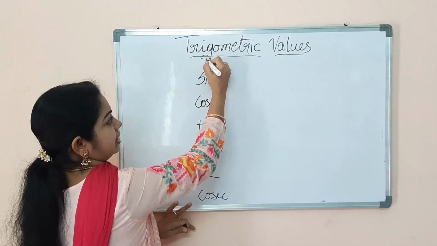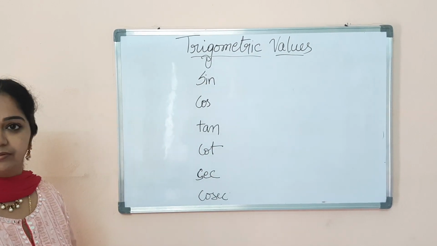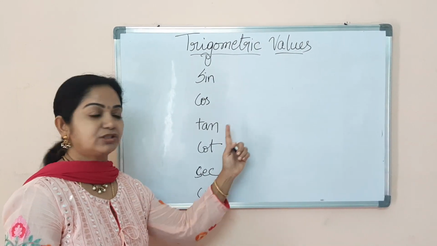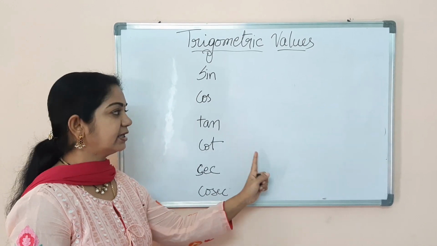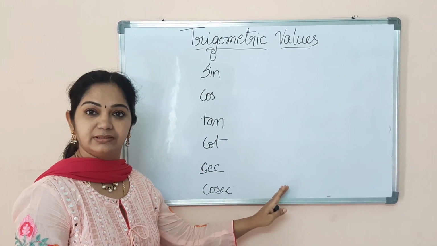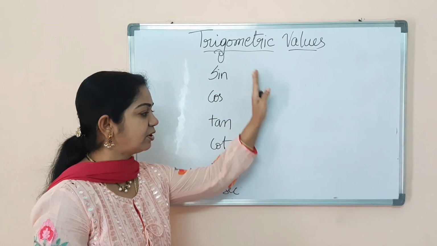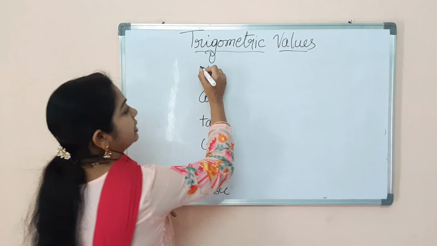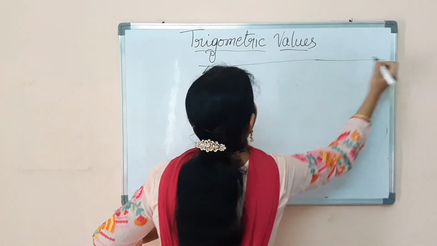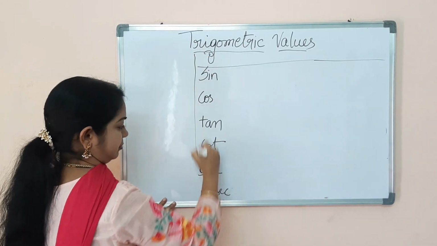They are the ratios. In your textbook, the trigonometric values are given in a big tabular column. No need of mugging up this table, because you can simply jot down all the values when you remember only the sine functions. I'll tell you how you can do it.